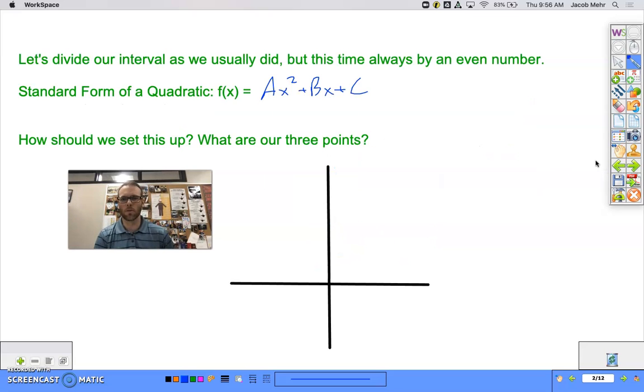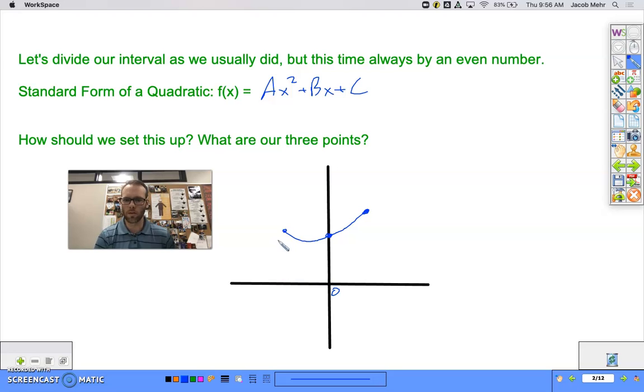So what I'm going to do is take one of my parabolas and translate it over. I'll just draw a parabola that looks like this, and I'm going to set my 3 points like that so that the middle point ends up being at 0.